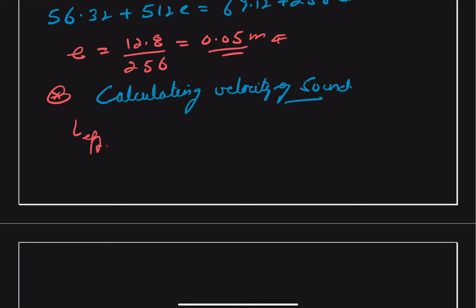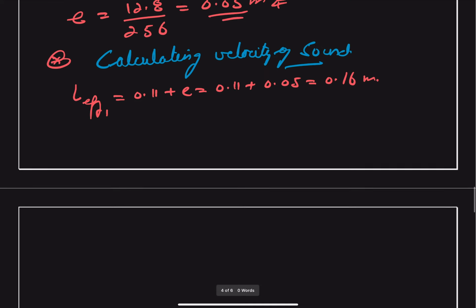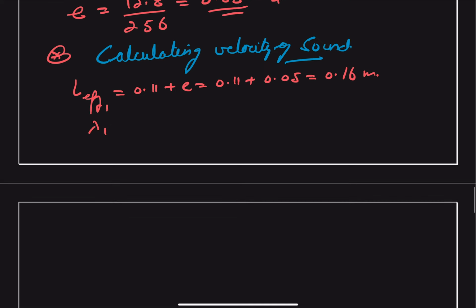L effective 1 will be equal to 0.11 plus E, that is 0.11 plus 0.05, which comes as 0.16 meters. Lambda 1 is 4 times L effective 1, so 4 into 0.16 comes as 0.64 meters.